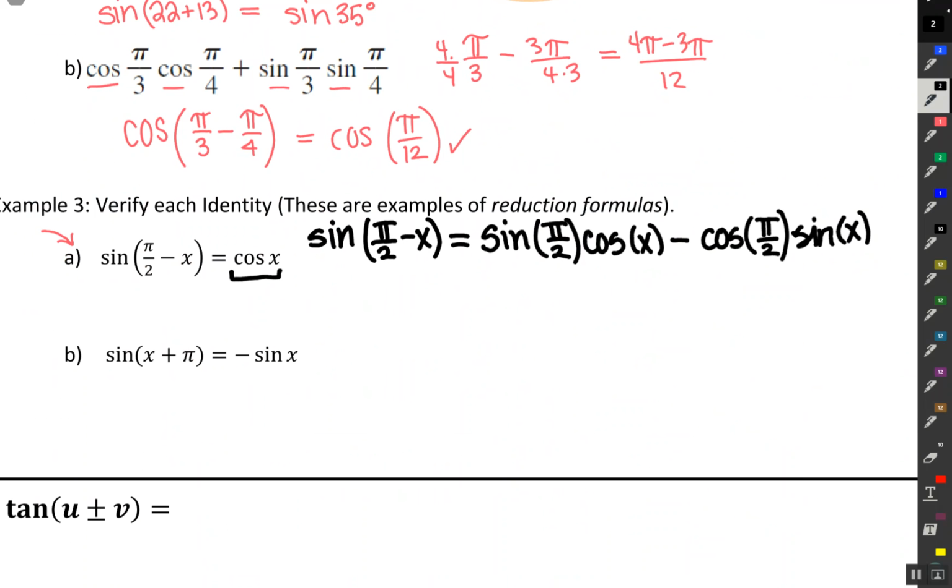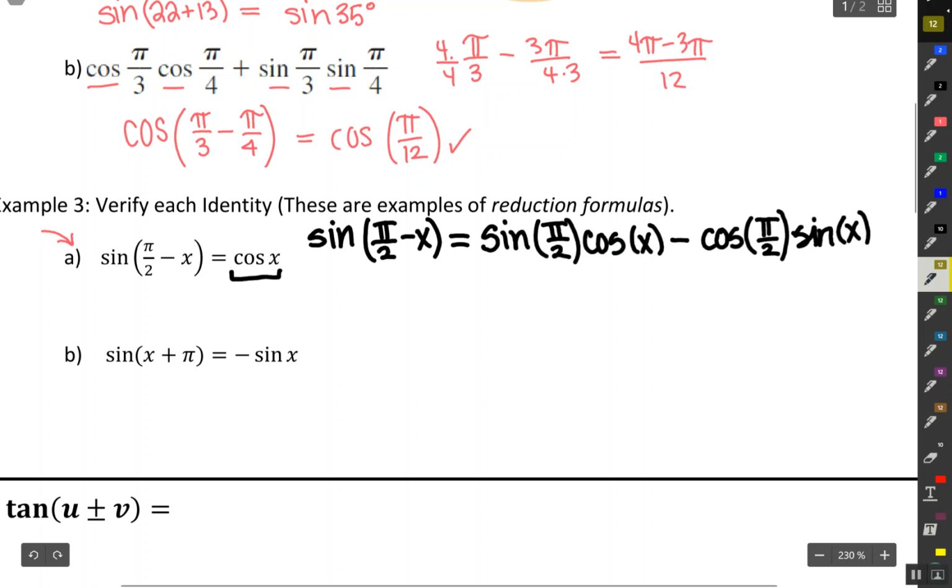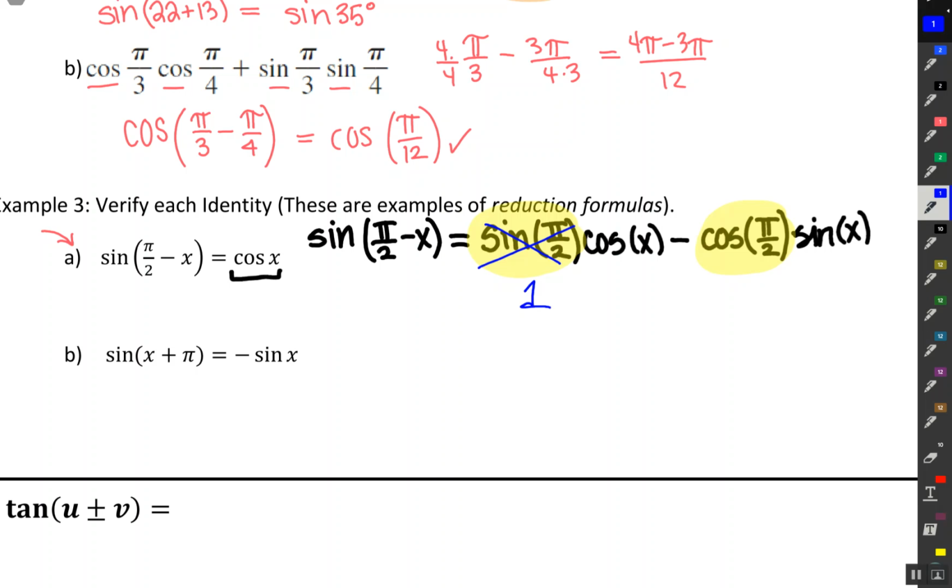Okay, well, I can't figure out what the cosine of x is or the sine of x is, but I can figure out what the sine of pi over 2 is and the cosine of pi over 2. Go to your friendly unit circle. All right, the sine of pi over 2 is 1. Just think of the unit circle, that's 90 degrees.